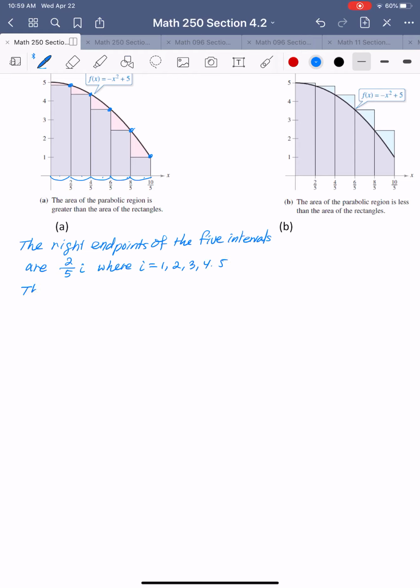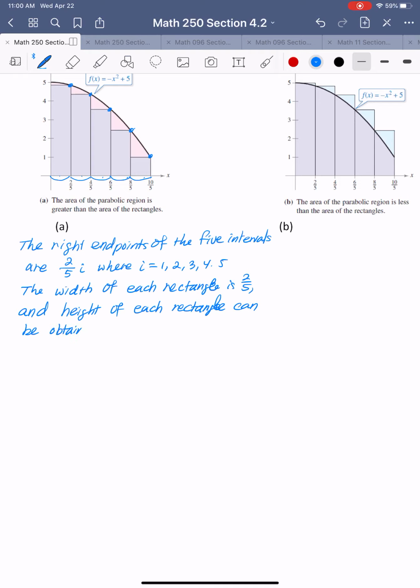The width of each rectangle is 2/5, and the height of each rectangle can be obtained by evaluating the function at the right endpoint of each interval.